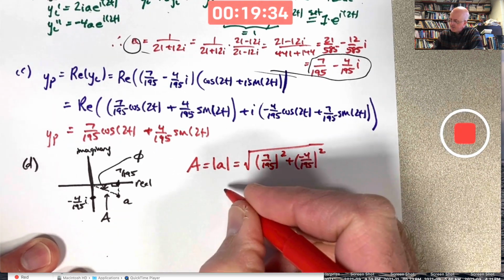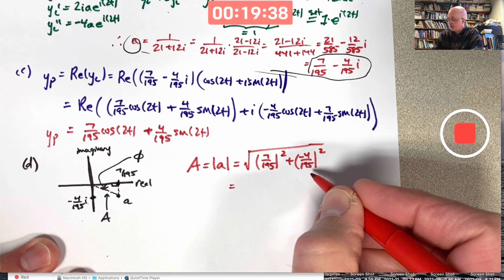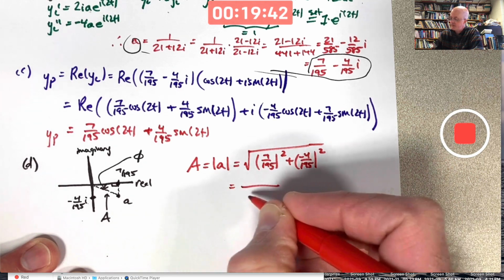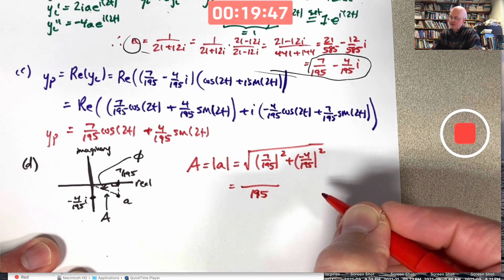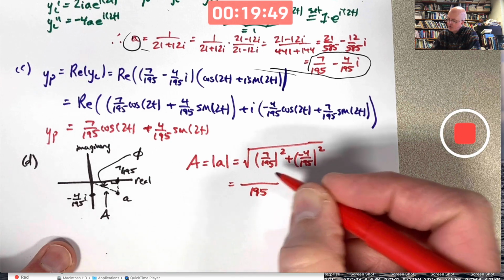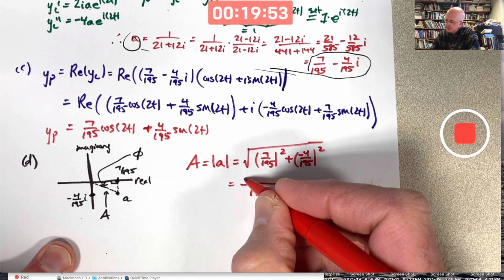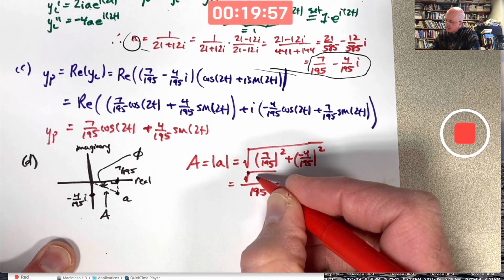Let's go ahead and simplify that. There'll be a common denominator of 195 squared. And then when you take the square root of that, you'll get 195 out in the front. And with the 7 and negative 4, you're going to get the square root of 49 plus 16. So that'll be the square root of, what's 65?